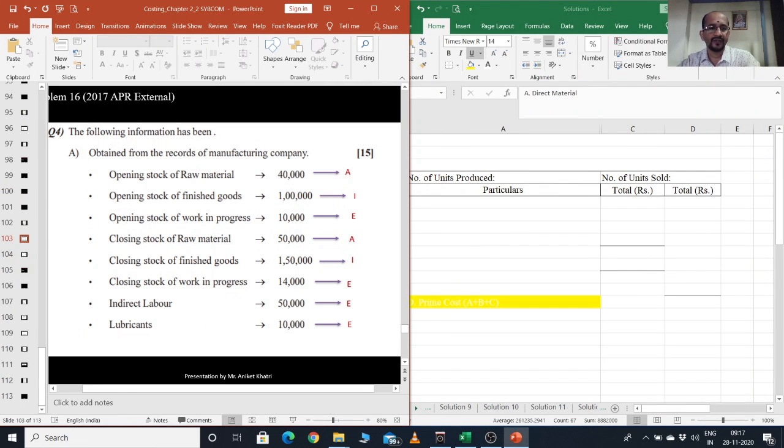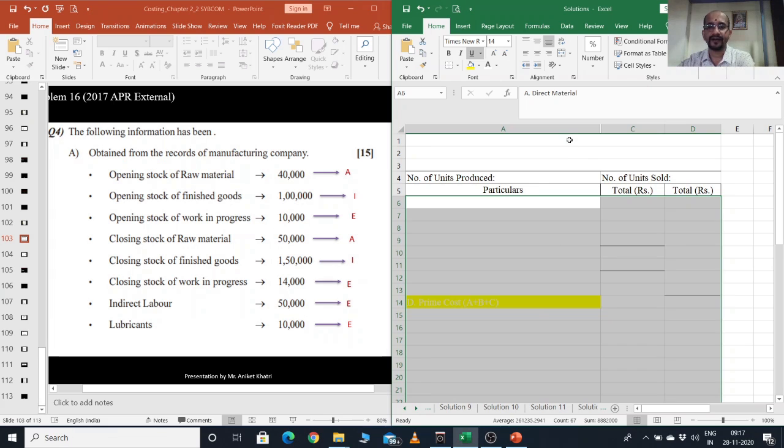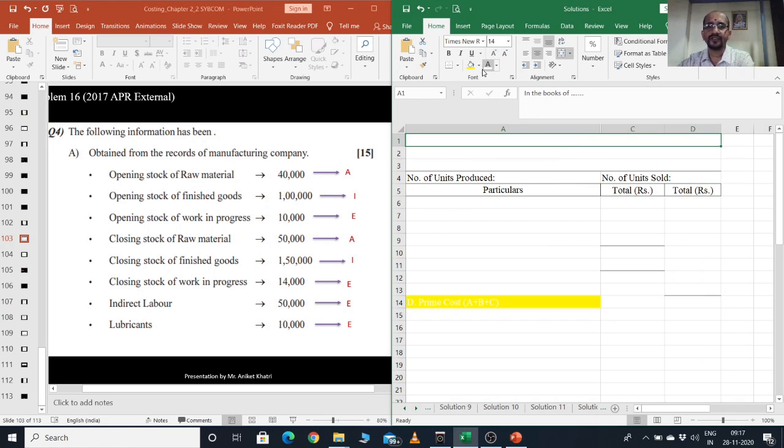Okay, so here I have kept the format ready. First we need to write in the books of, and it is not mentioned in the problem, so you need to write in the books of and put a dash or dots.